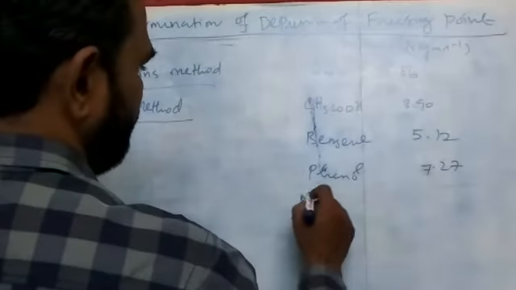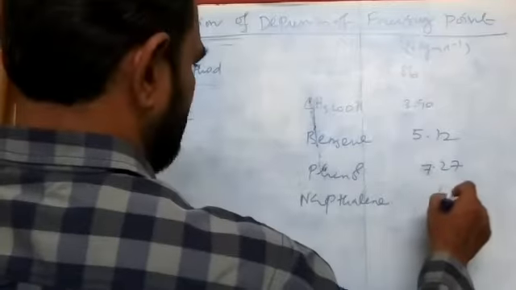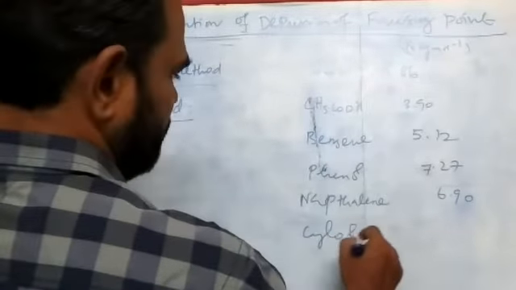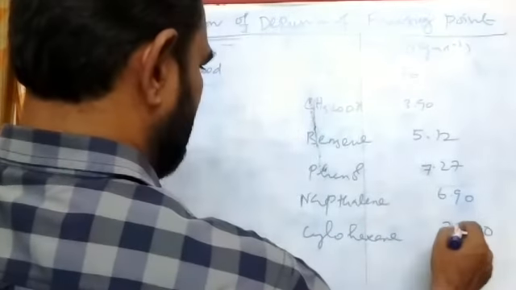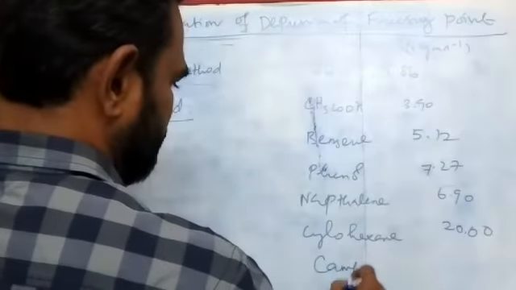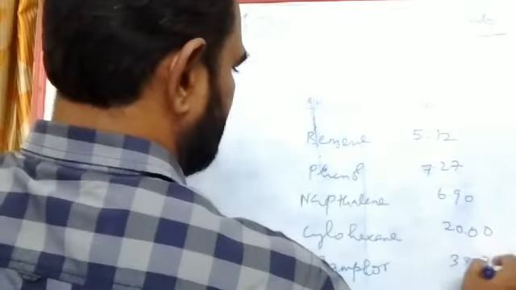For naphthalene 6.90. Cyclohexane 20.0. For camphor 37.70.